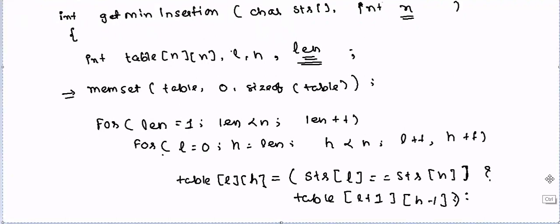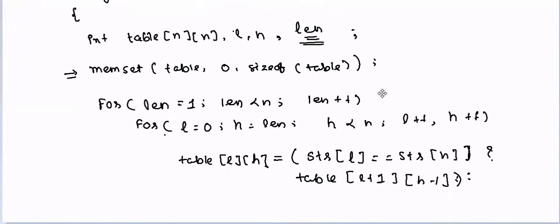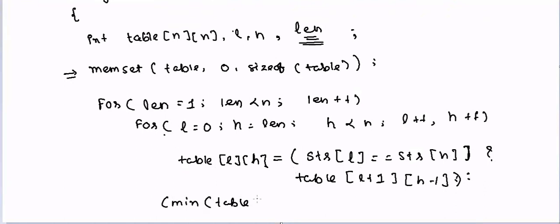And if these are not matching, then we can fill them up with the same formula as the recursive one: minimum of table of L minus 1 H, or table of L plus 1... sorry, L plus 1 H. I think I have made a mistake over here.